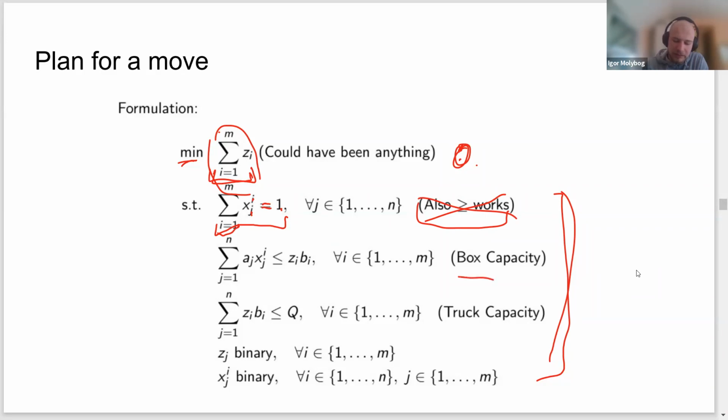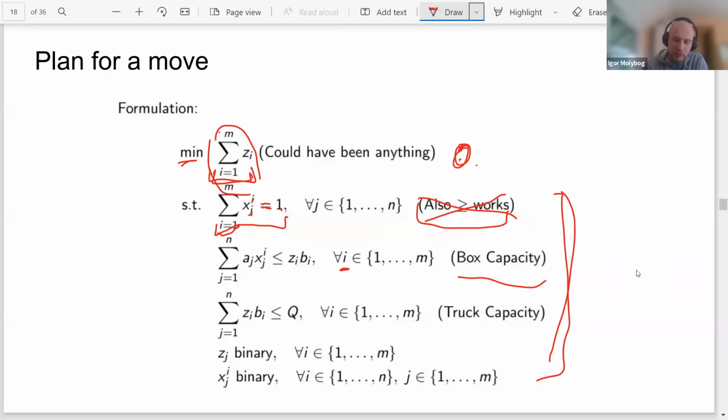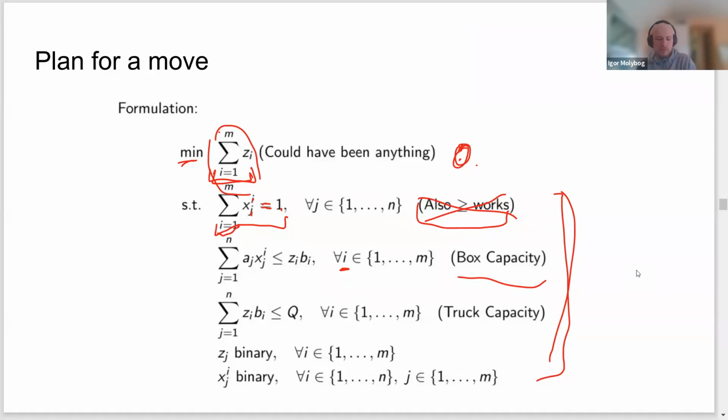Second is the box capacity constraint. We need to ensure that we do not put more items into a box than fits. For each box I, we also shouldn't put any items if we are not taking the box with us.